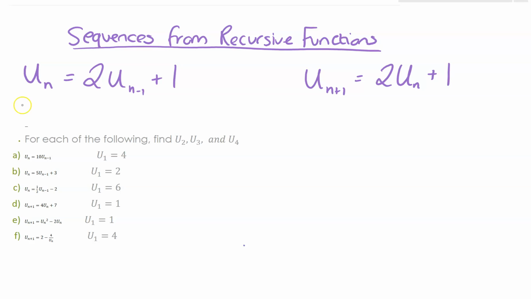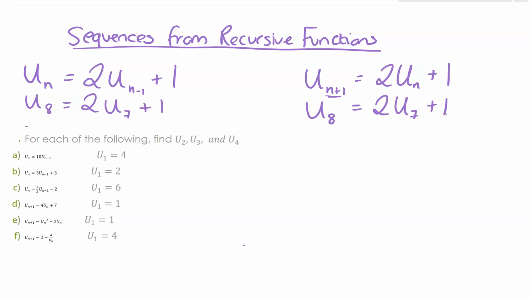What this one over here is saying is to get, say, the 8th term of a sequence, you would have to do 2 times the 7th term and then add 1. Over here again, if it's the 8th term, so n plus 1 is 8, which means that n would have been 7, so 2 times the 7th plus 1.